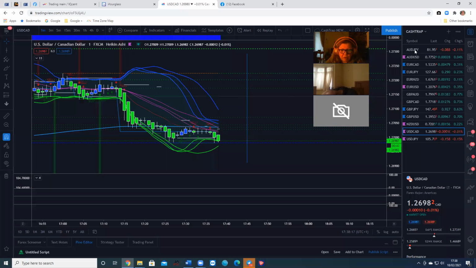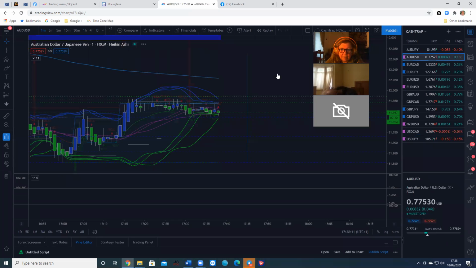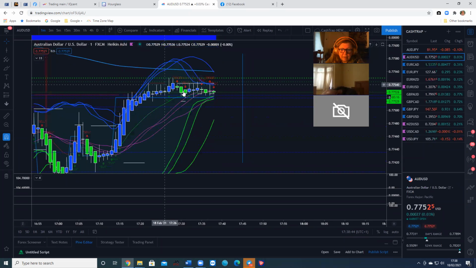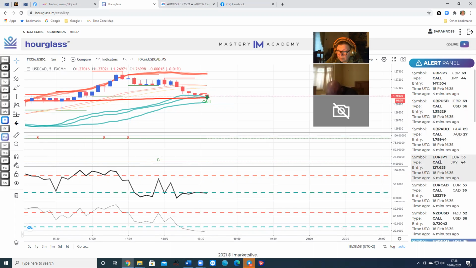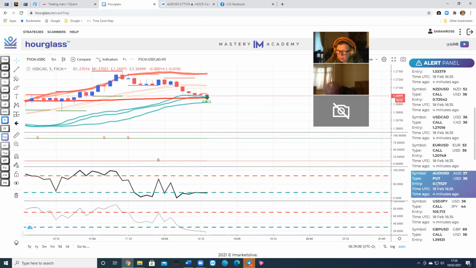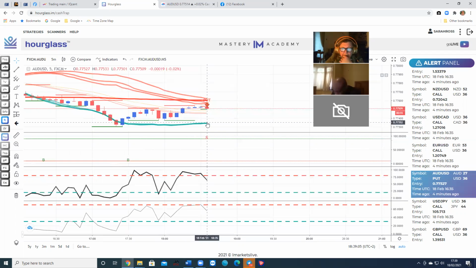Start at the top, HourJPY, HourGUSD, 66%. Let's have a look where it is on here. A bit low on the payout. Called a put 4 minutes ago. We're just coming down to the next 5-minute candle.